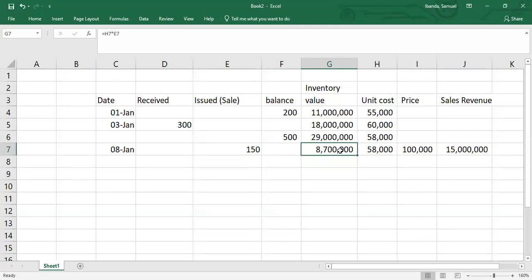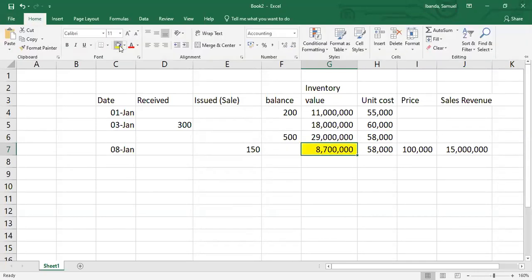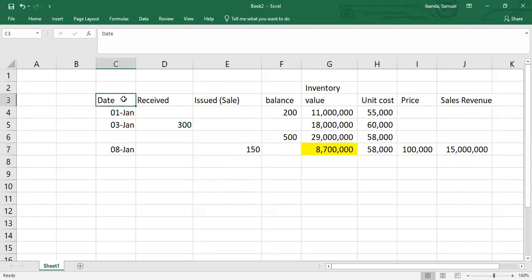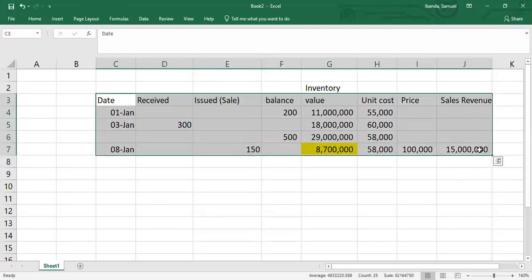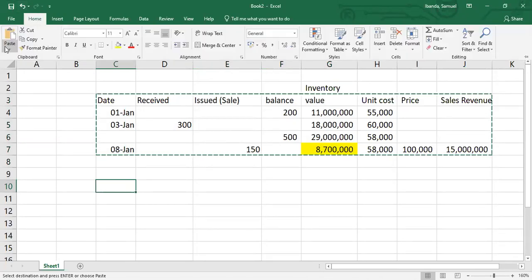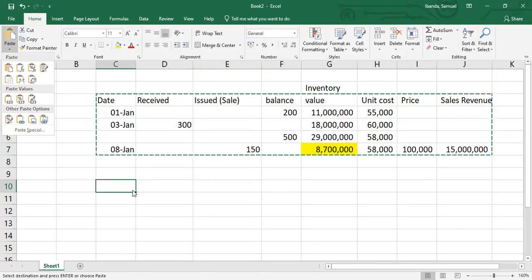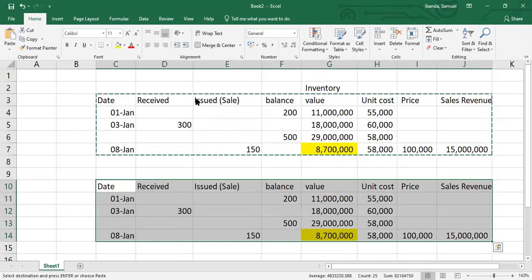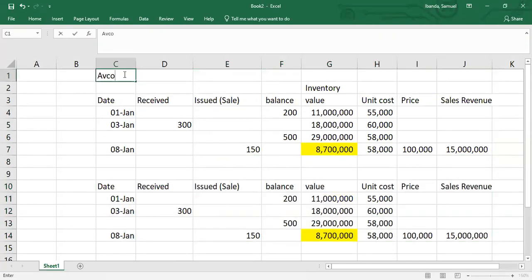So it means that this inventory was worth 8.7. Okay, this inventory was valued at 8.7. And like we said, this would definitely change, because this is AVCO in itself.